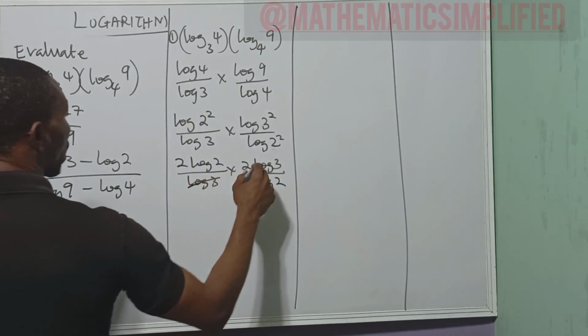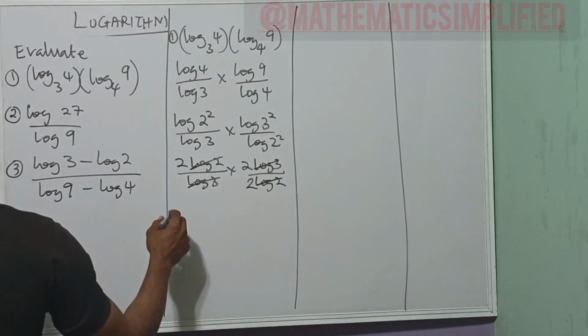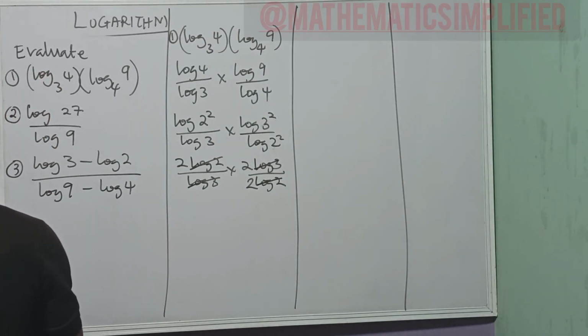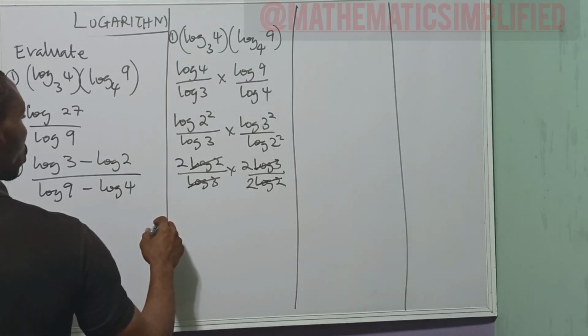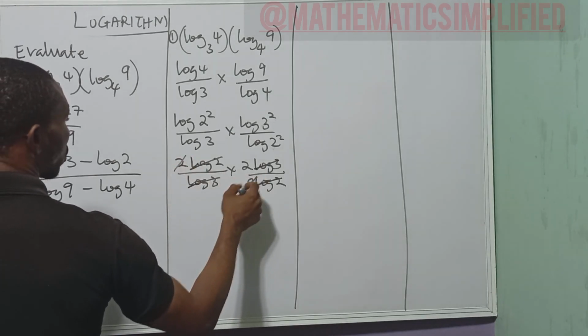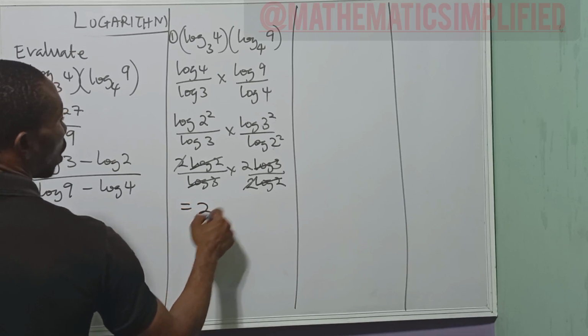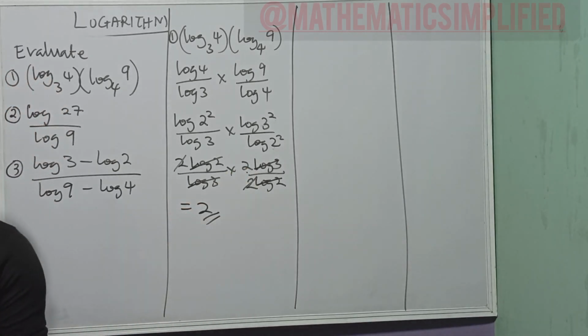So we cancel log 3, we cancel log 2, leaving us with 2 times 2, which gives us 4. Then this cancels this, leaving us with 2 as our answer.